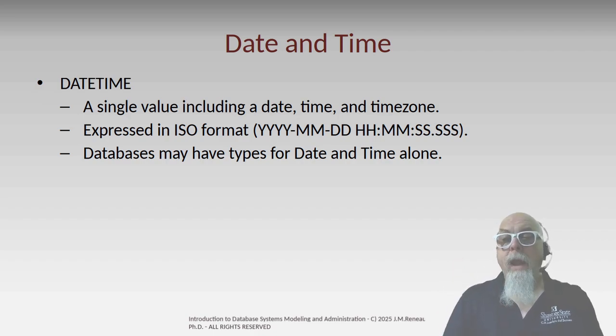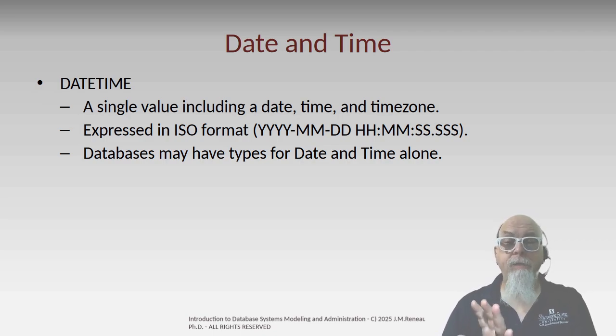So when I'm storing dates, I just put them in a datetime because that gives all the information I possibly need. Because if I just store the year and the time, and I'm an international organization, is that the time in London or the time in Tokyo or the time in New York? So we really do need to store all of that information about a specific date or time.